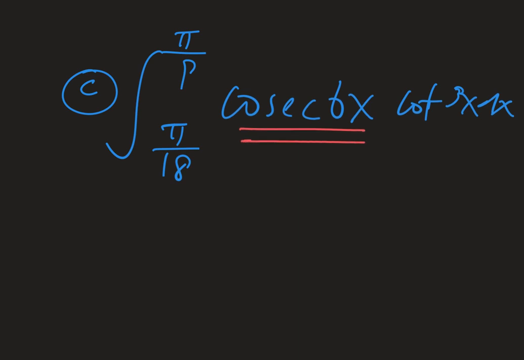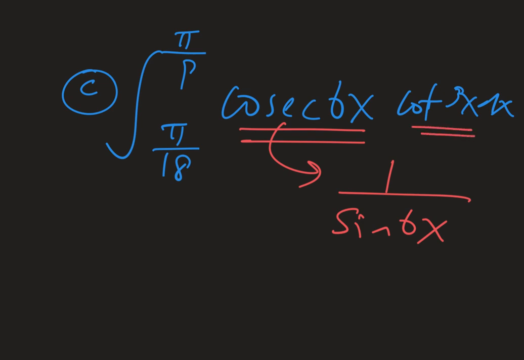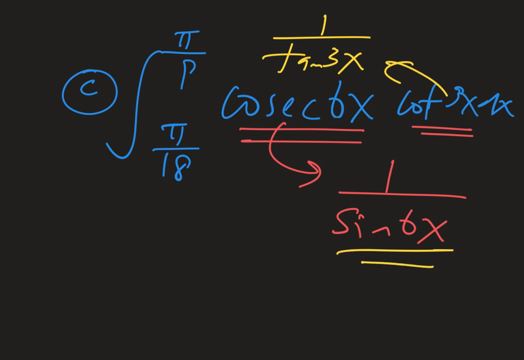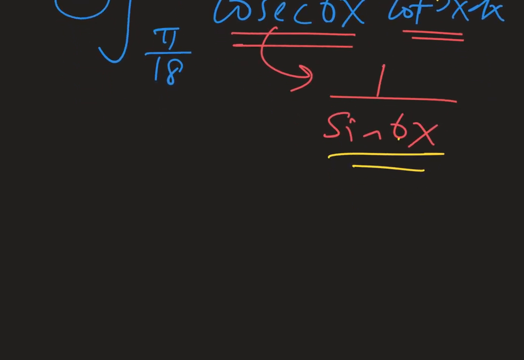But you look at cosecant here, you know that this is 1 over sine 6x. Am I right? And cotangent here, in fact, is 1 over tangent 3x. So you need to recap yourself on trigonometry. And we also know that from the previous page, write it down, this is 6x, this is 3x. So that means that theta is 3x.